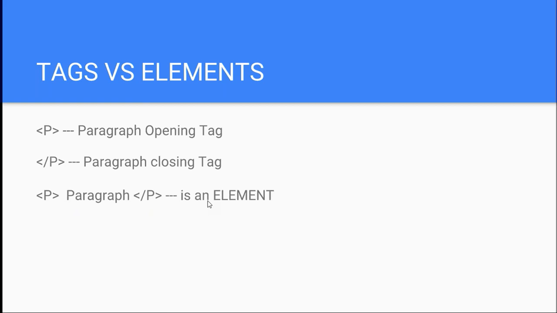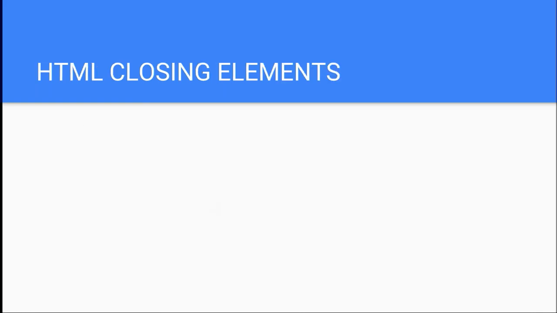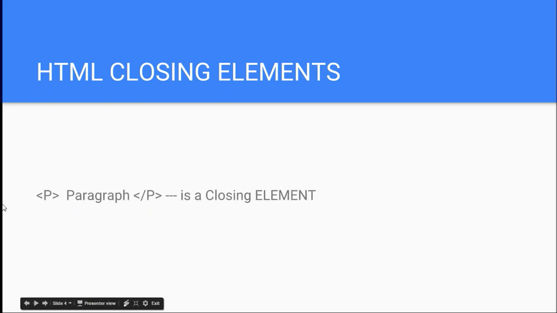There are different kinds of HTML elements. One of them is HTML closing elements. What are these HTML closing elements? In this example, you can see that it's a paragraph element. The paragraph tag is open here, and after the paragraph content, the /P paragraph tag is closed.